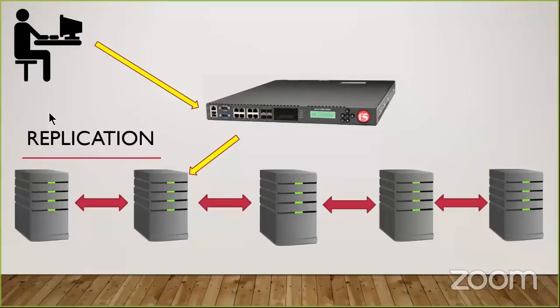That request comes into the NLB. The NLB, the network load balancer, then finds the most available server to answer that request. Since the data is being replicated on all of these servers, it just simply chooses which one has the least current load.